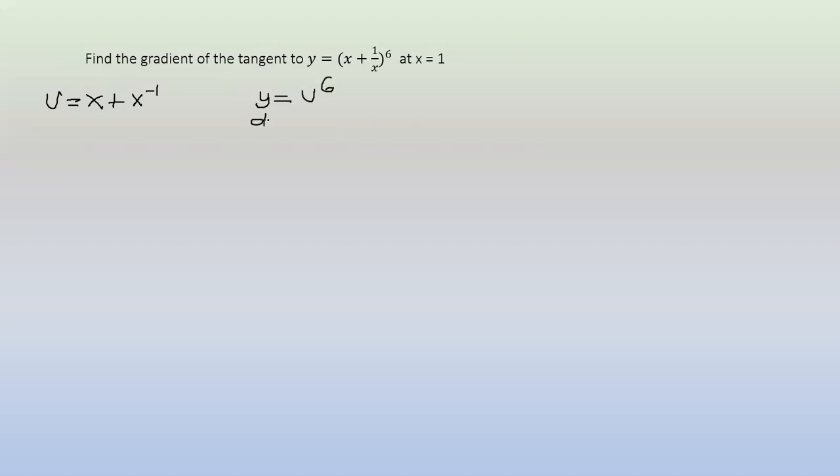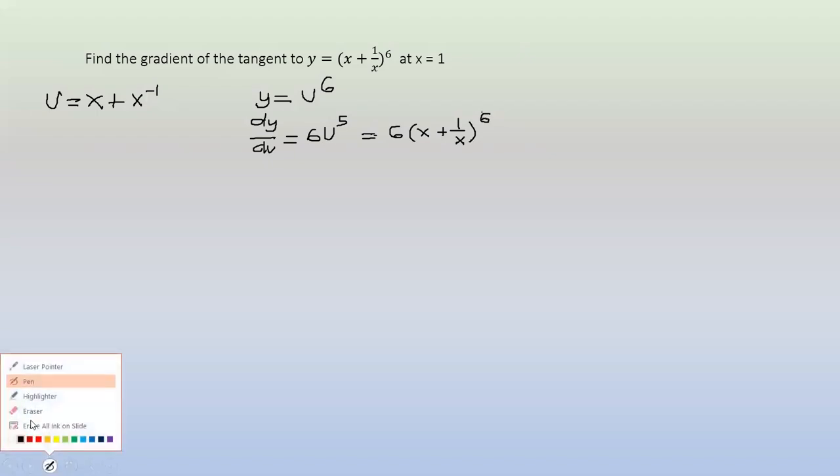So dy/du equals 6u to the power 5. Or we may write 6 times (x plus 1/x) power 5. I mean 5, not 6.